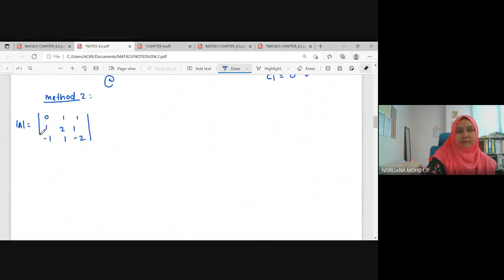Okay, yang ni kan, kalau kita guna determinant. Okay, ni saya pilih guna first row.